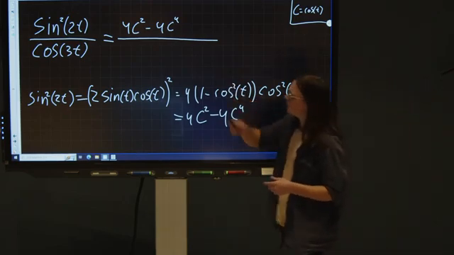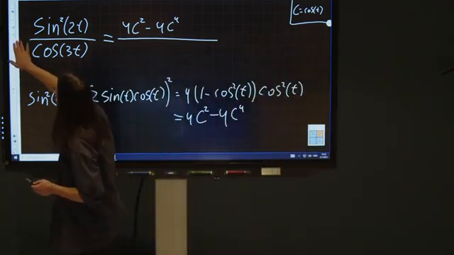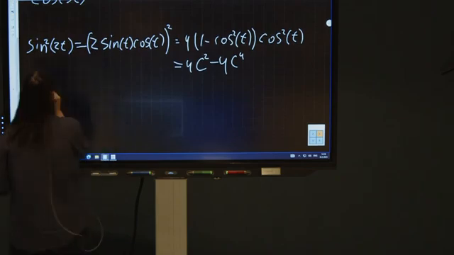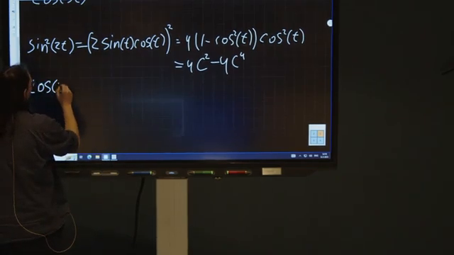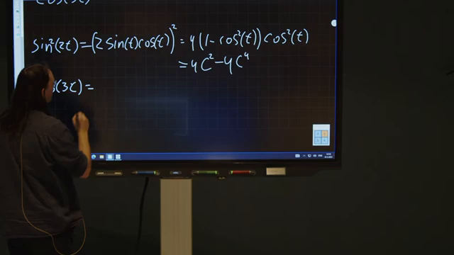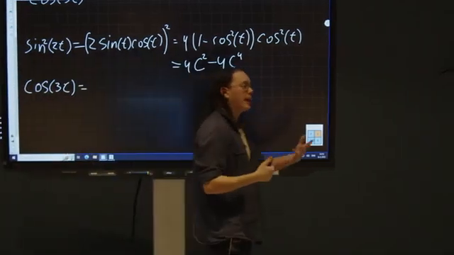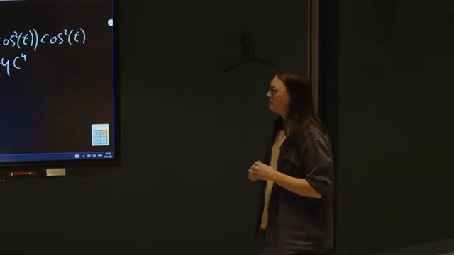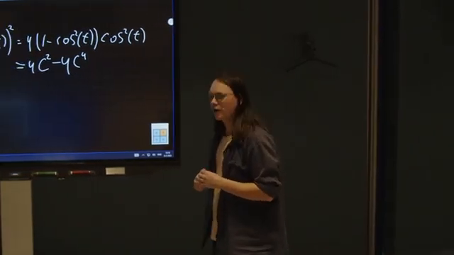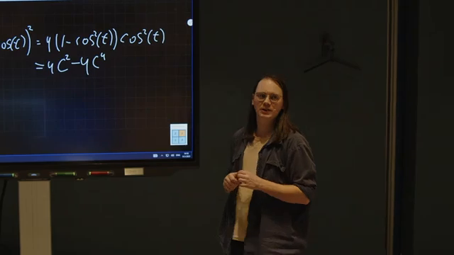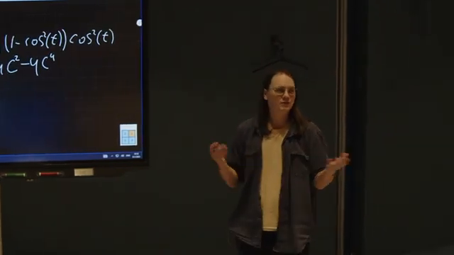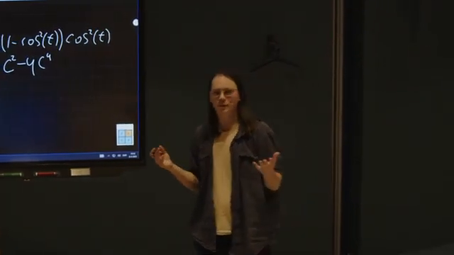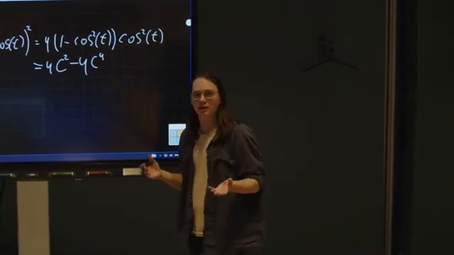Then we need to get working on that denominator. So we'll need a tripling angle formula. I don't know if that one's explicitly on the formula sheet. I don't think so. But there is just the trigonometric identity for adding angles within the cosine.